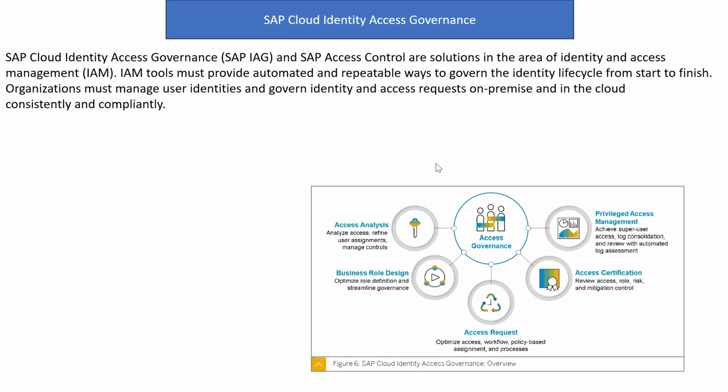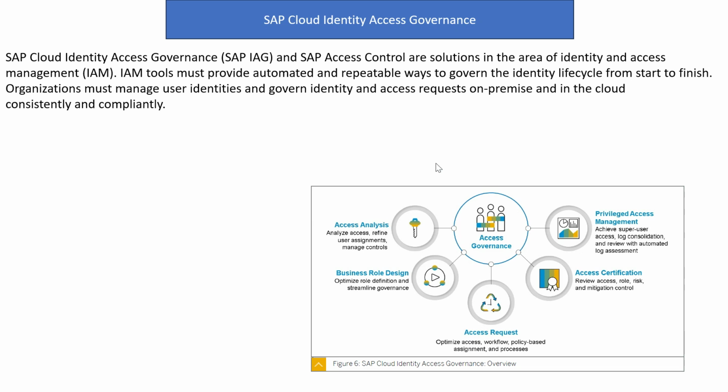Whatever concept we have, I won't say we had, because GRC is still alive. Whatever functionalities we had in GRC, very similar functionalities we have in business role design of SAP Cloud Identity Access Governance. Got it?